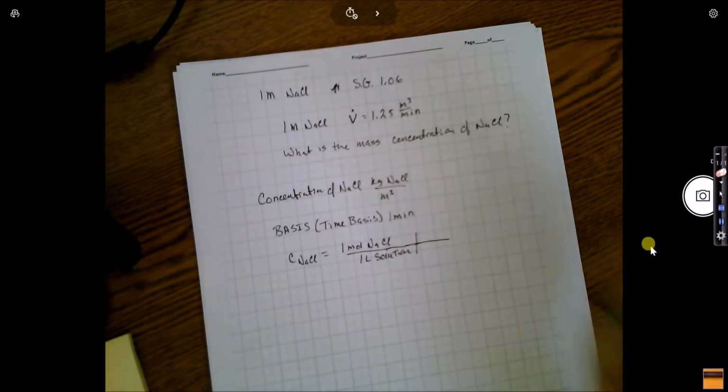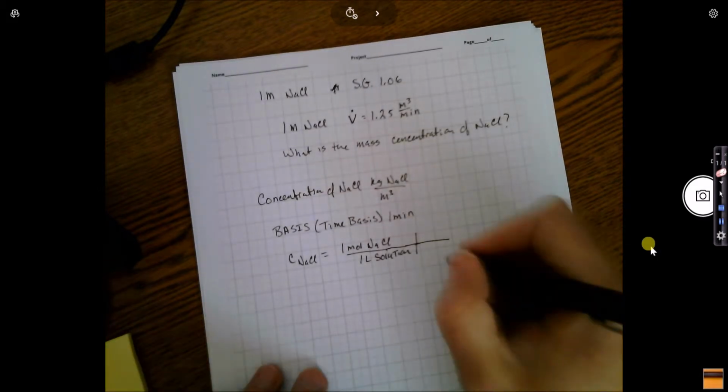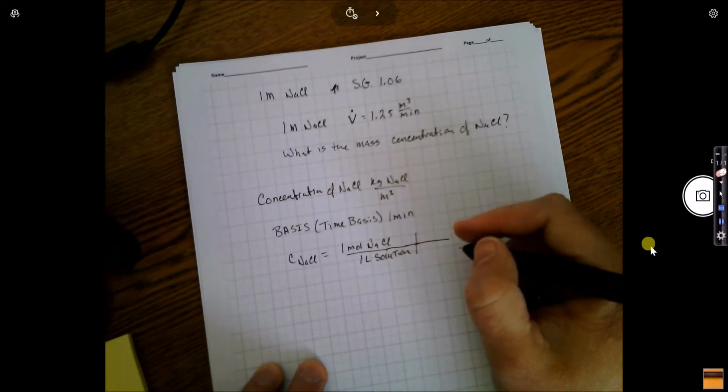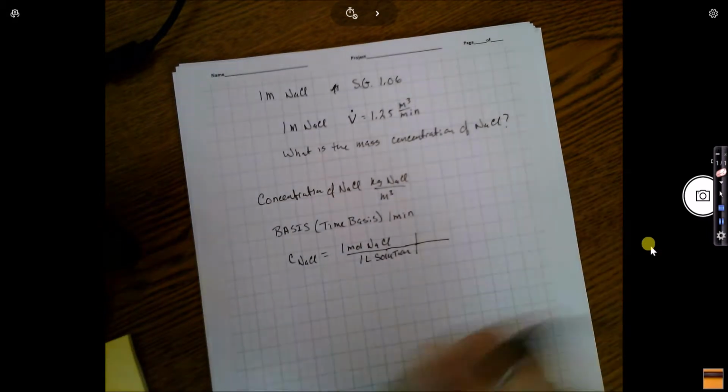All right, so we have 1 mole in 1 liter of solution. And the molecular weight of sodium chloride is, I'm going to go ahead and put it in terms of grams per mole so we can do a conversion. Hold up.